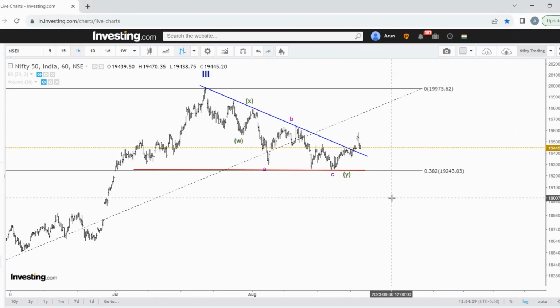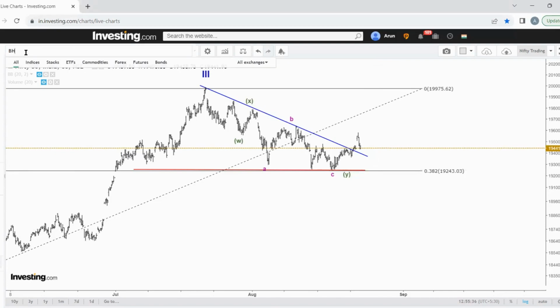My main intention is to show how to use Elliott wave theory in our real-time charts, and with the help of that theory, how we can take informed decisions in financial markets. So don't take it as any recommendation. The first stock we are going to analyze today is BHEL.